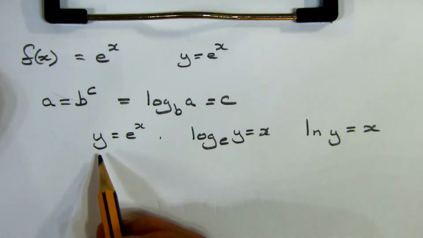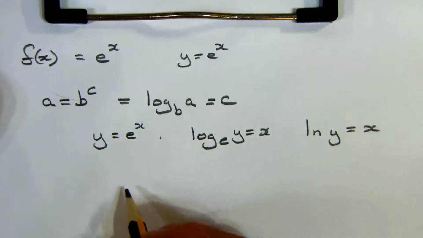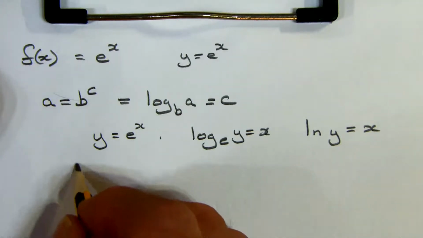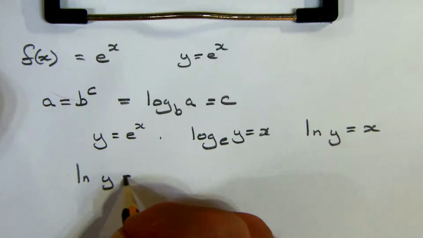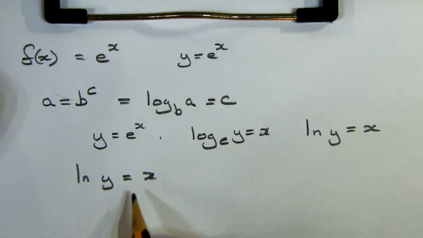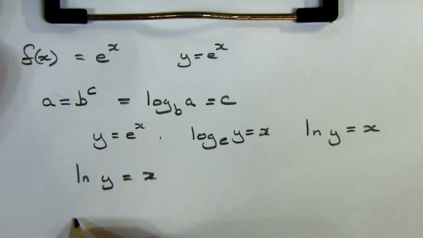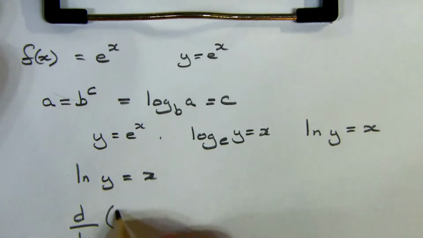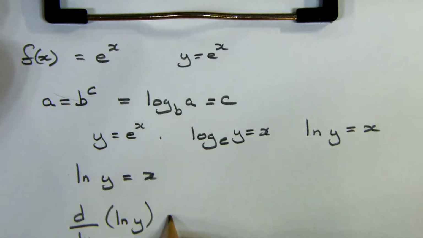If I differentiate this ln y equals x, then I'm basically doing d over dx of ln y, and we know that's going to equal 1. So we want to try and find out dy by dx.